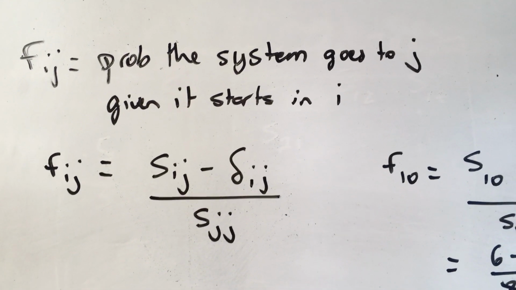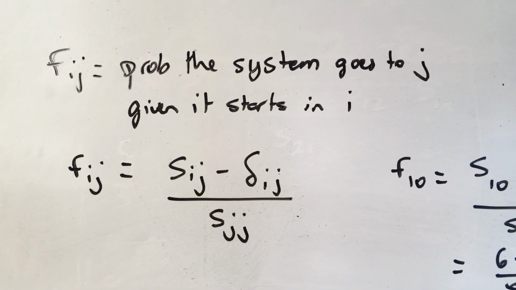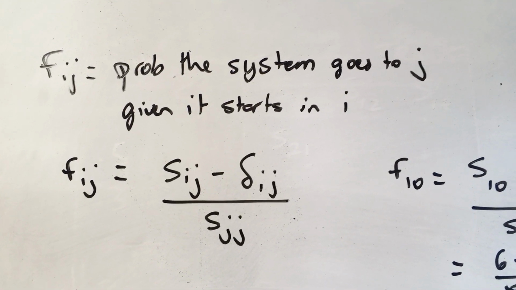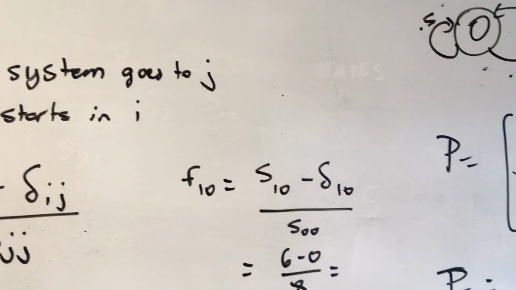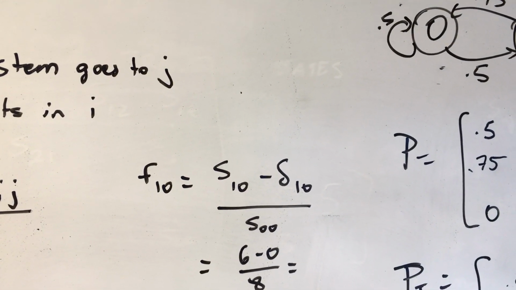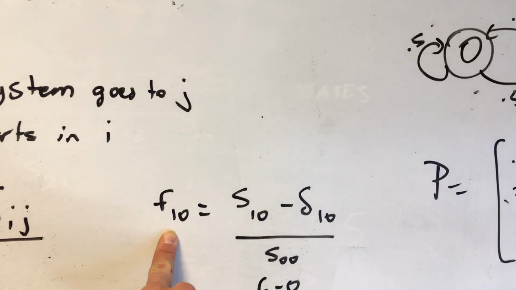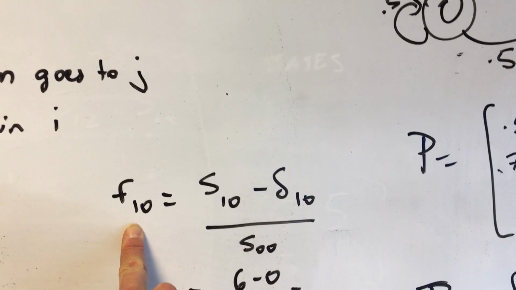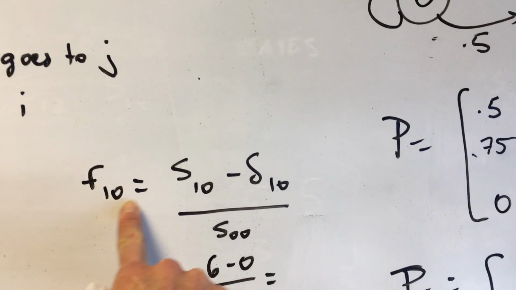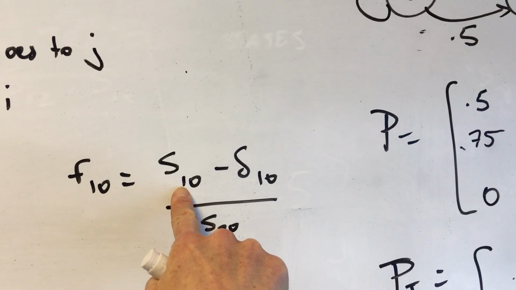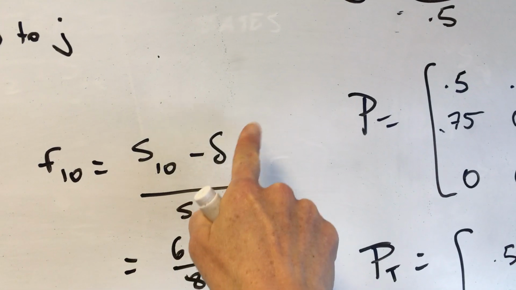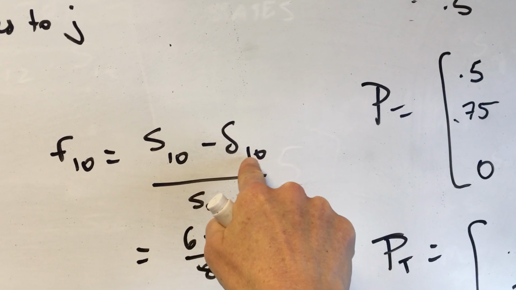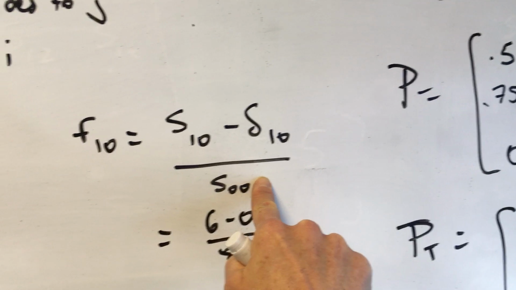For example, in this case, let's say we want to know the probability that the system makes it to state 0, given that I started in state 1. So F_10 is S_10 minus delta_10, which has to be 0 because 1 and 0 are different, divided by S_00.